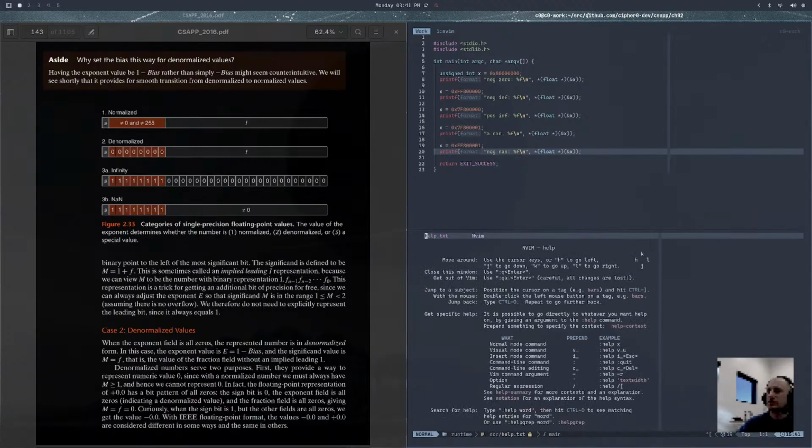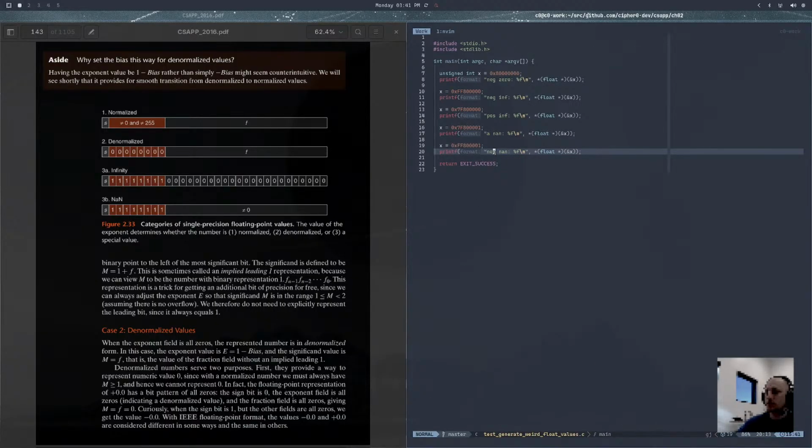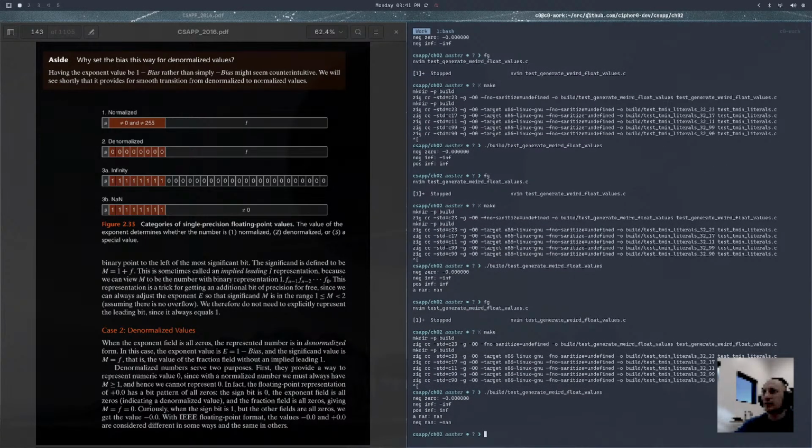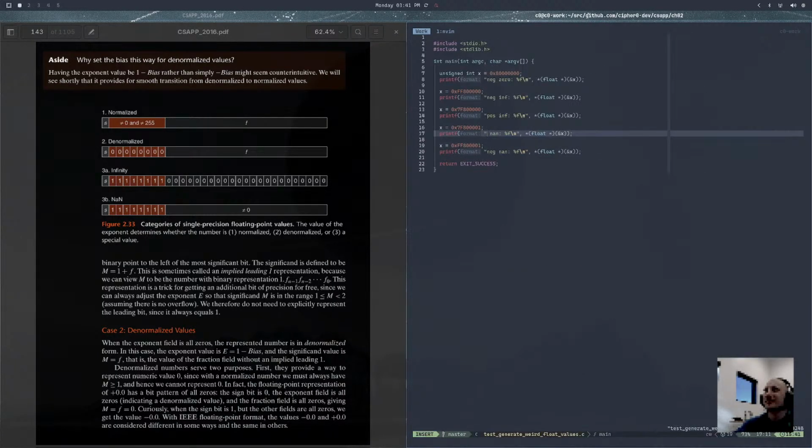Negative nan? I don't know if that will work, to be honest. Hey, we got a negative nan. And we'll reorder these just so that the negatives come first. We don't need to do positive 0 because that's just 0. That's an easy one.